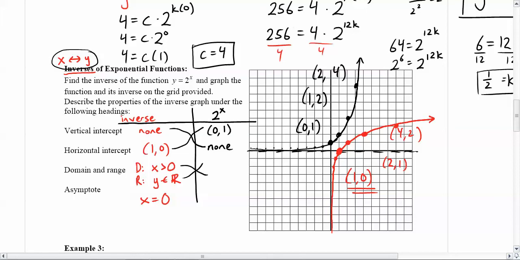Domain is about x's, and range is about y's. So the domain of the exponential function is any number, and the range is bigger than 0. Everything about x became y, everything about y became x. And instead of having a horizontal asymptote, we got a vertical asymptote. X equals 0 becomes y equals 0.